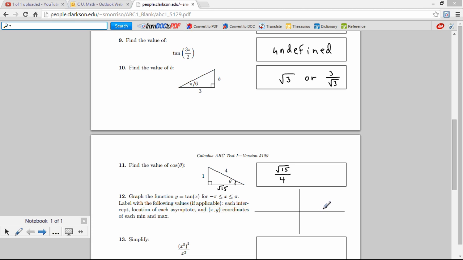Number 12 is a graphing question, and they're asking you to graph y equals tan x from negative pi radians to pi radians. So, as we've discussed, you want to use the space, is probably the best advice. So, there's pi, there's negative pi. Of course, in between here, we're going to have negative pi over 2, and we're going to have pi over 2.